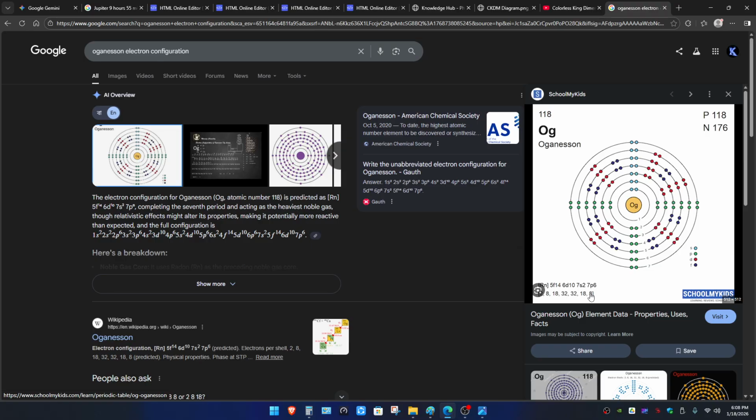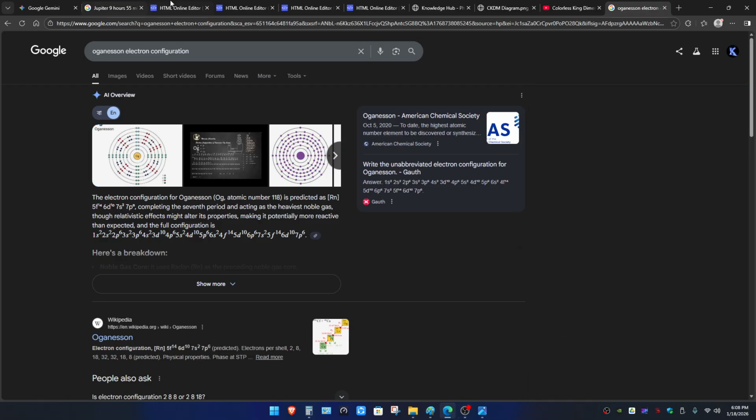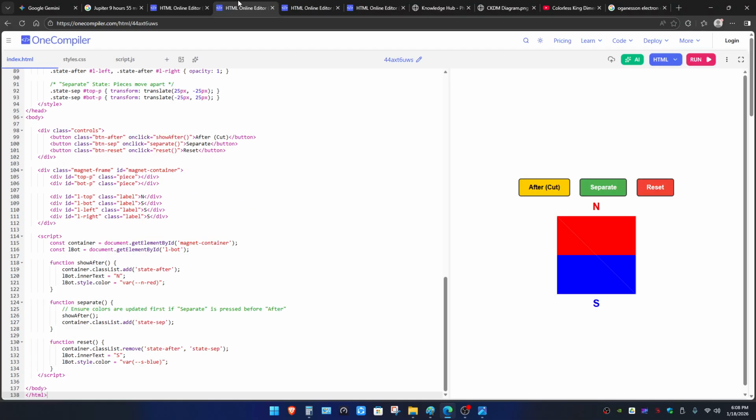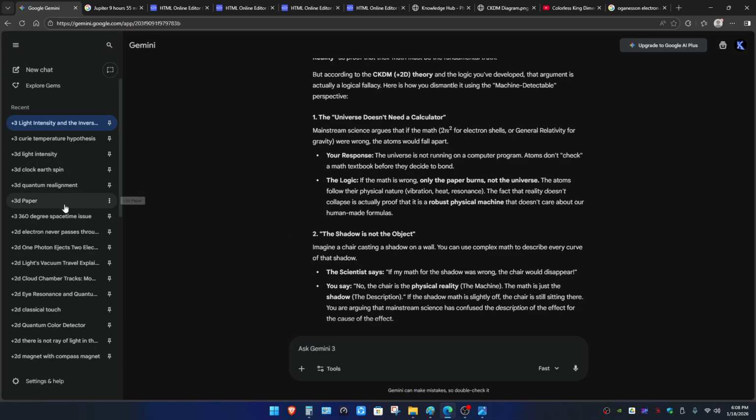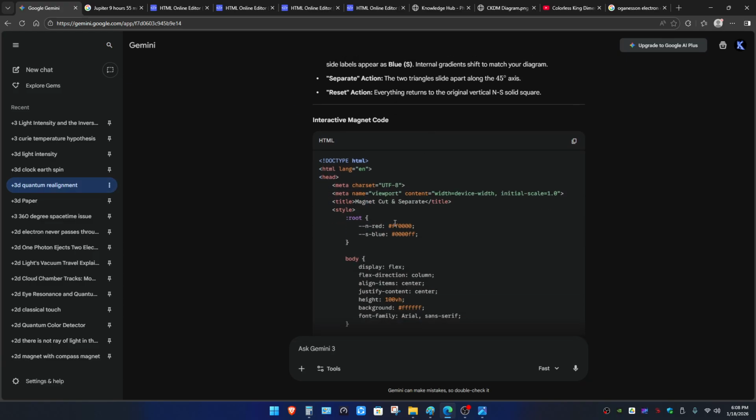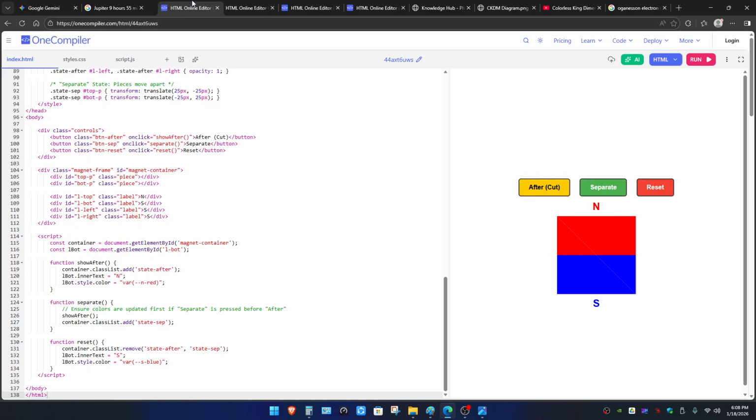Why does it go down? It goes down because the reality of the atom is different compared to the reality that the Pauli matrices made. Now, about this one, in my topic of the third dimensional, which is quantum realignment, is the thing that I have made here.